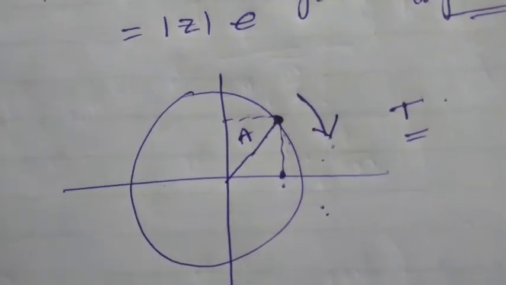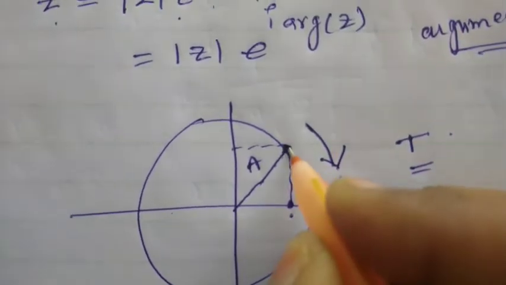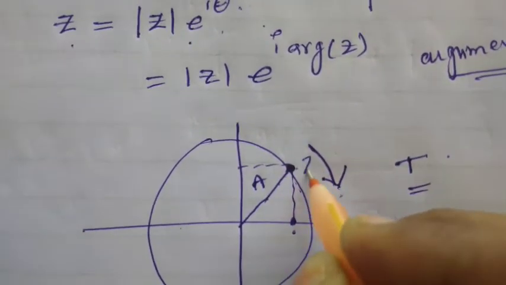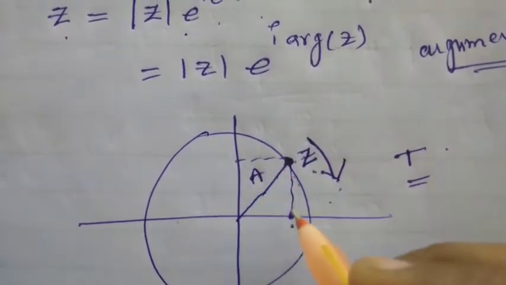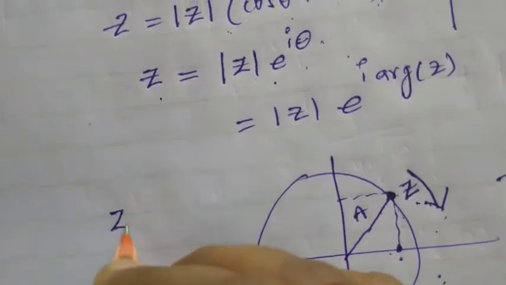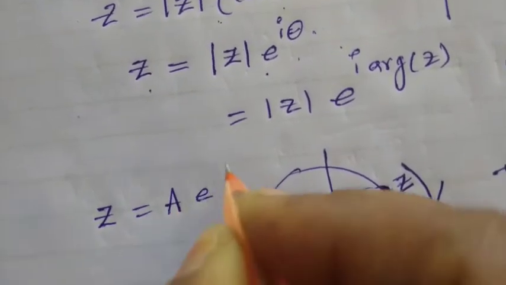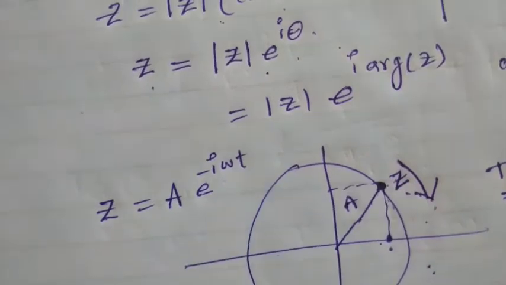Then the coordinates of the moving point correspond to the complex number z equals a e power minus i omega t.